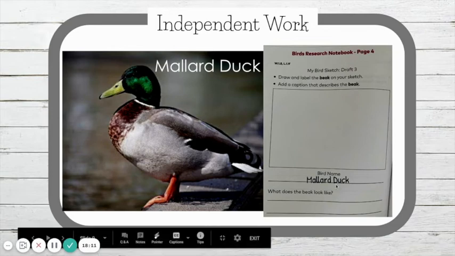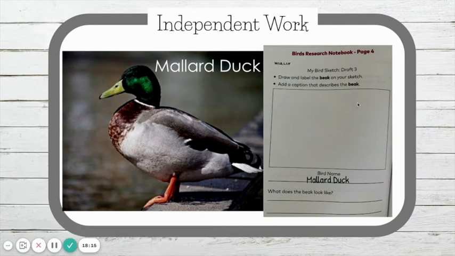Now that we have mallard duck written for bird name, we need to create our sketch. Remember, you're only sketching the beak and the head right here. This will allow you to draw a big head, and you can make that beak really big so that your reader can zoom in on the beak.